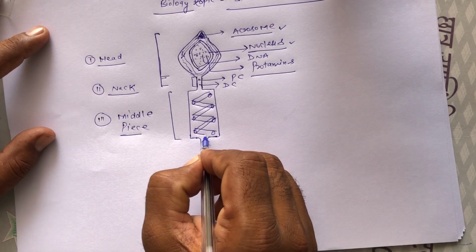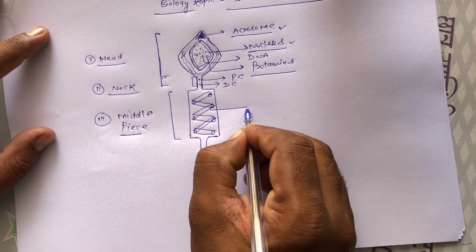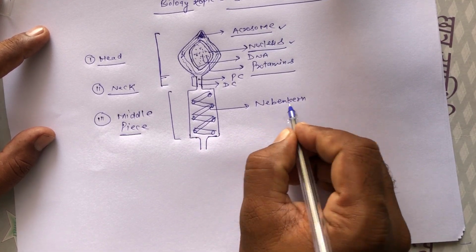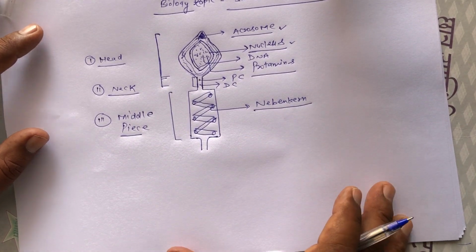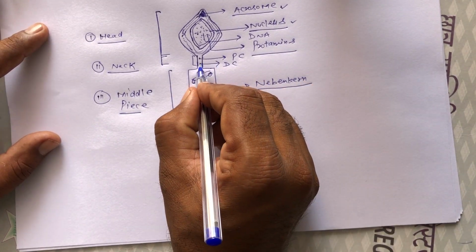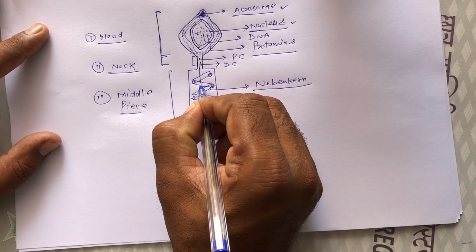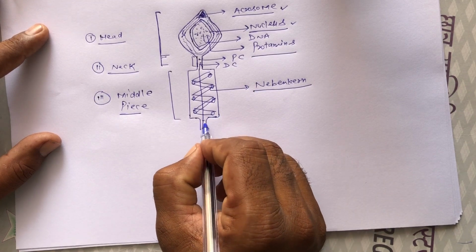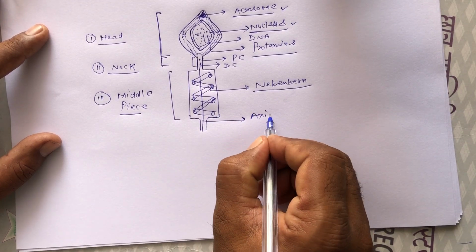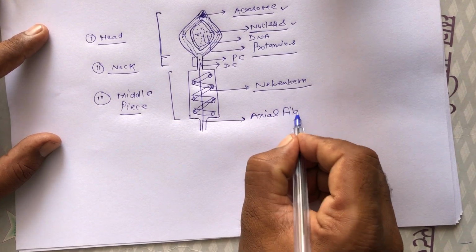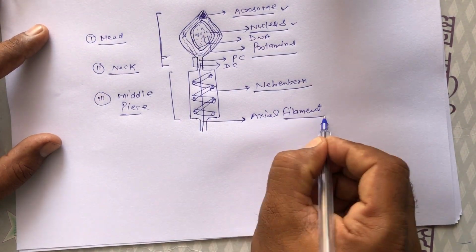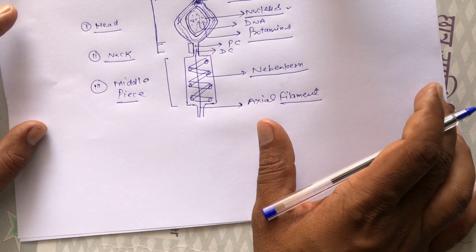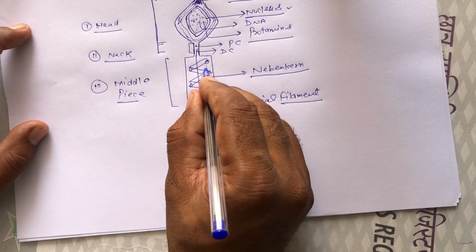The spiral shape form is called Nebenkern. Next, the axial filament forms a specific filament. The middle piece's other name is powerhouse or energy chamber.